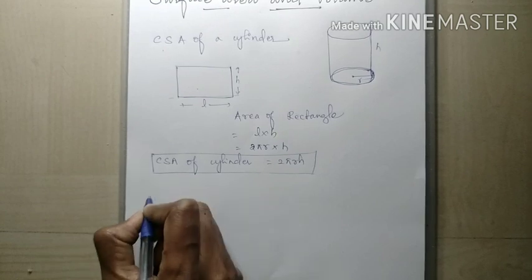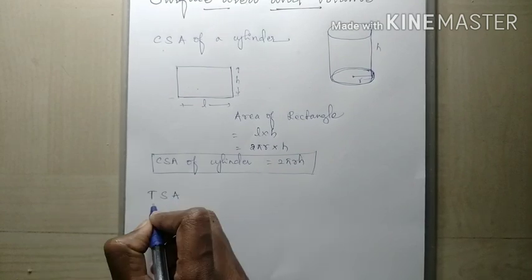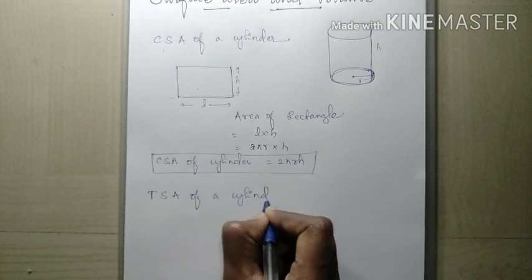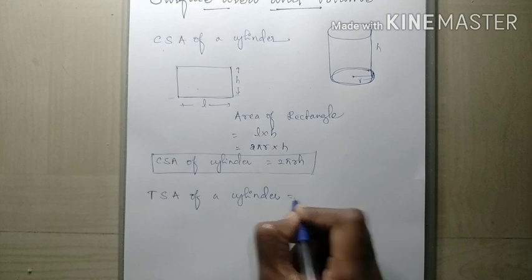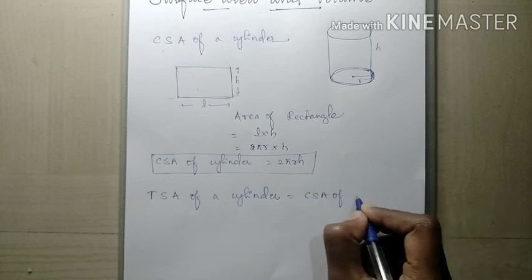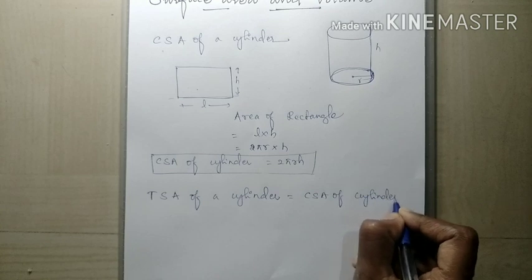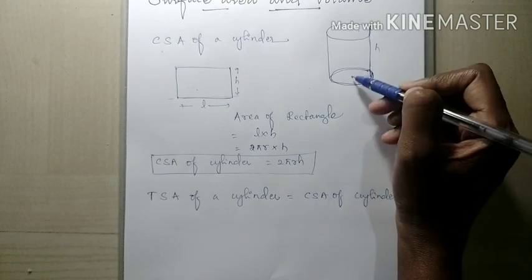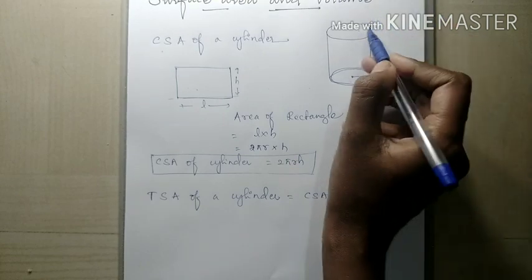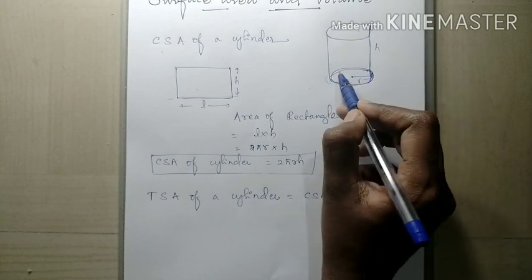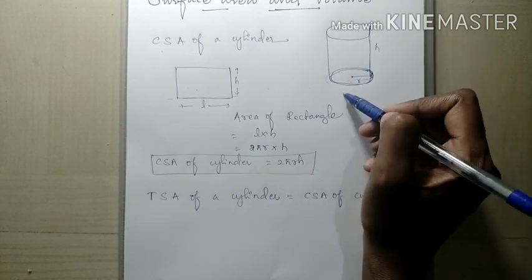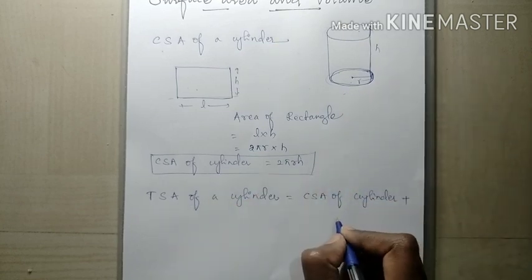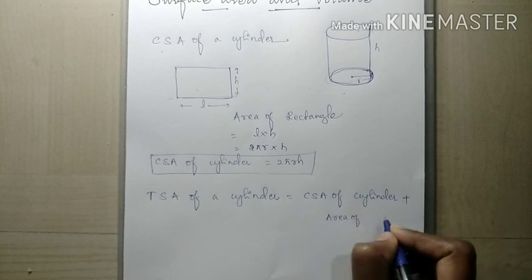Now we'll write the total surface area of a cylinder, that is the TSA of a cylinder. This is nothing but the CSA of a cylinder, that is the curved surface of the cylinder, and we have a top and a bottom of this surface which are the shape of a circle. We have 2 circles. This is the total surface area. So plus the area of 2 circles.